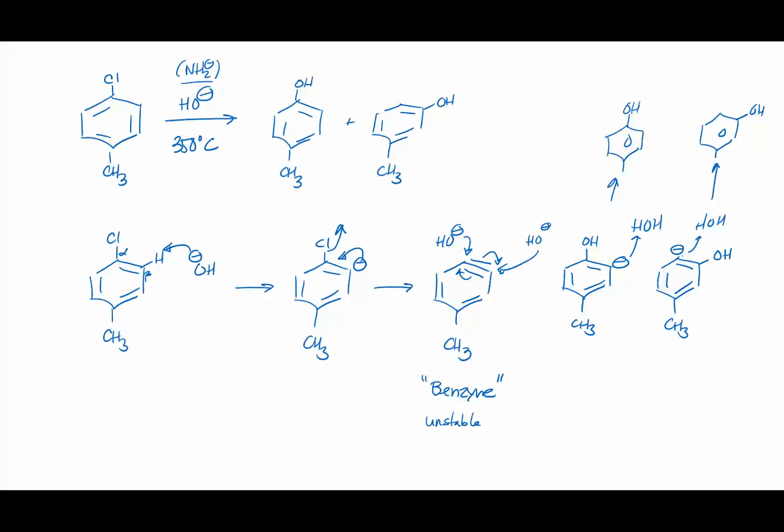So if I gave you a benzene ring and asked you to make that molecule, you would still have to have a chlorine on there before you did nucleophilic substitution to put the OH group on the ring.